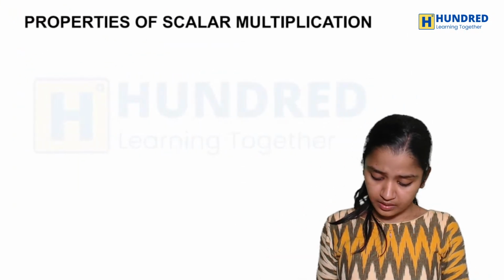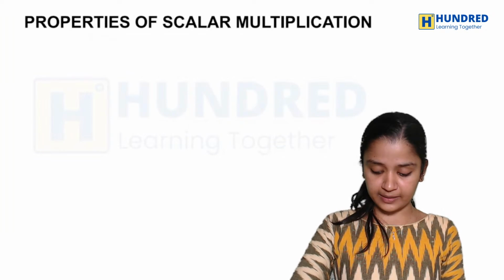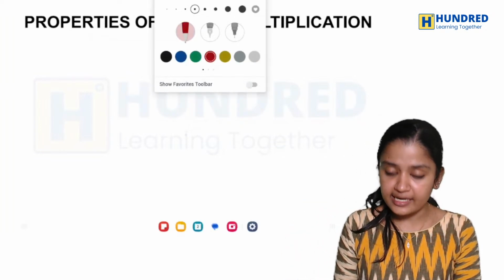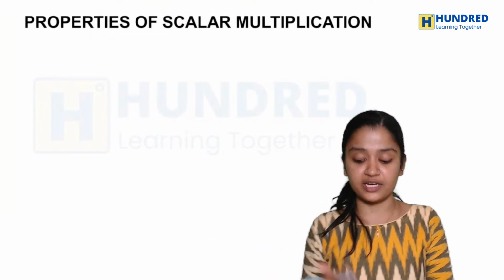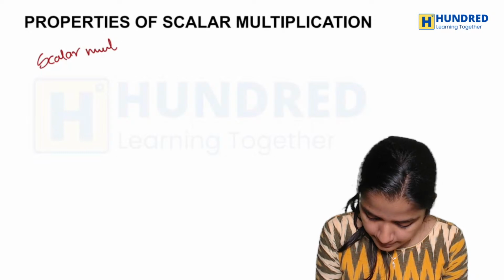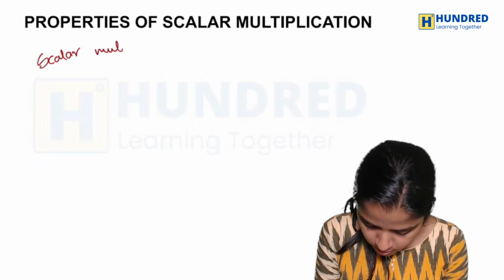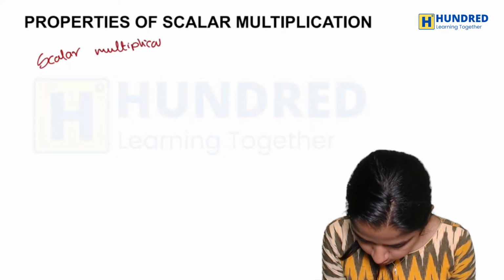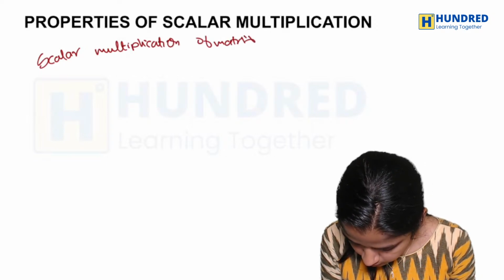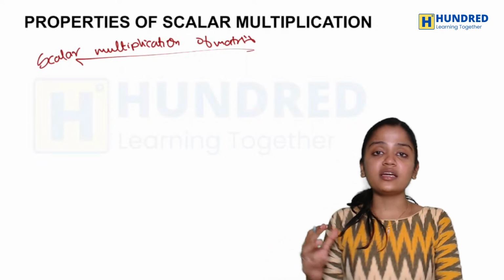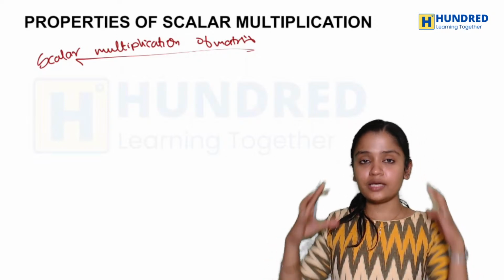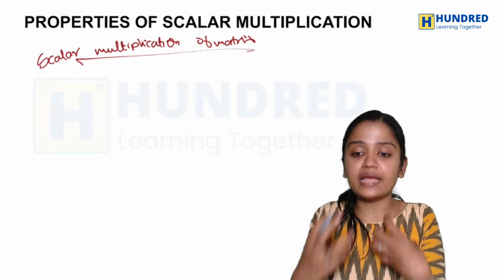Now, properties of scalar multiplication. Before going to the properties, let me tell you what is scalar multiplication of a matrix. When you listen to the name itself, you'll be able to know.